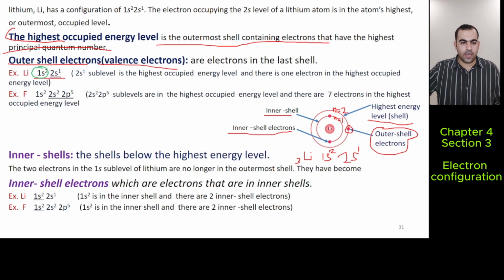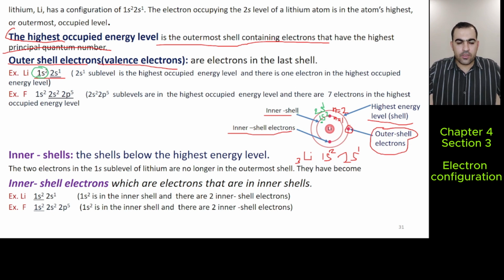Here n equals 1. 1s means s in the first energy level. This number tells us n equals 1. So 1s2 is in the first energy level. 2s1 means s in the second energy level. Got it? This is like that. So first, you have to know which sublevel is in the highest occupied energy level.